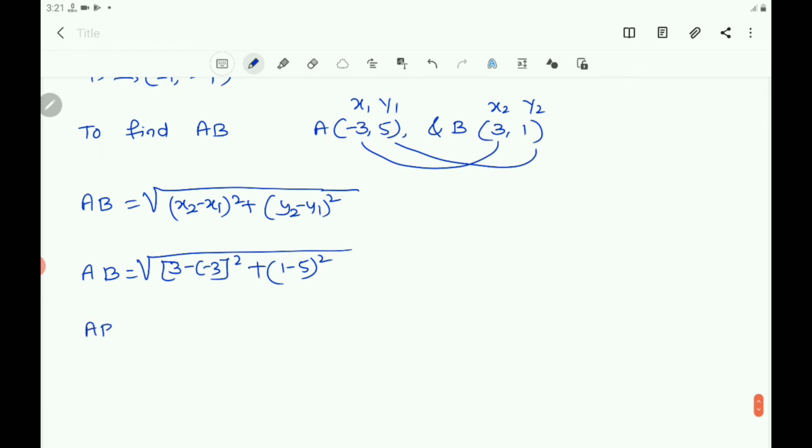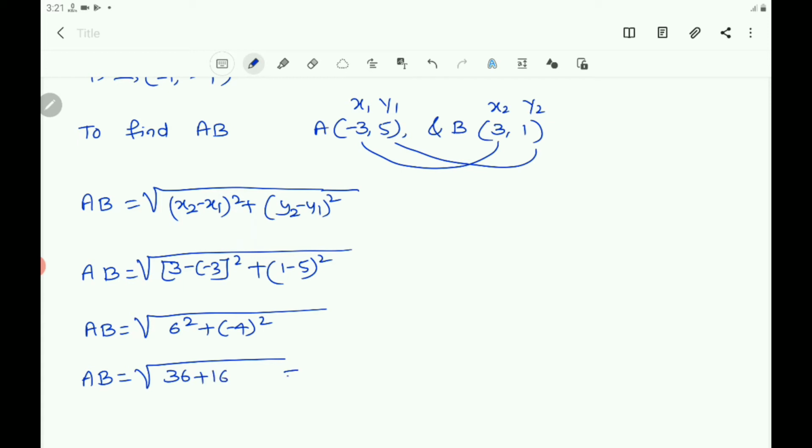Then AB equals square root of 3 plus 3, 6 square, plus 1 minus 5, minus 4 whole square. So AB equals 36 plus 16, so AB is square root of 52. Consider this is the first one.